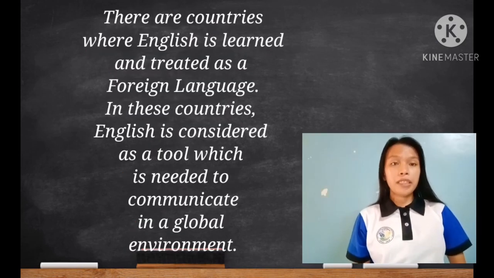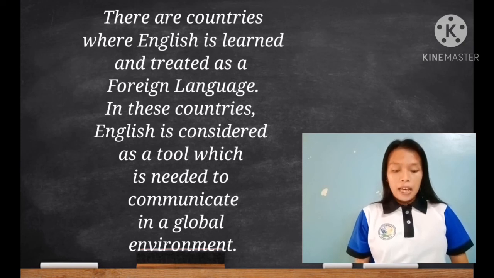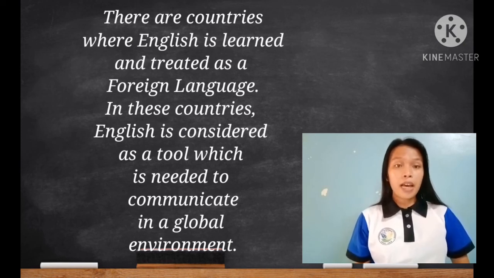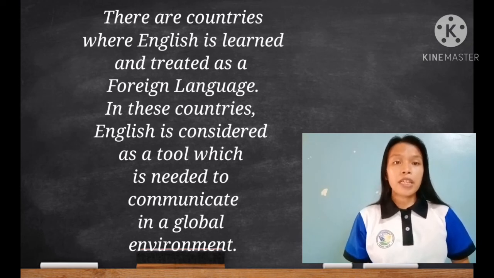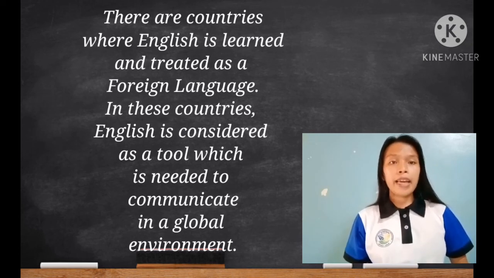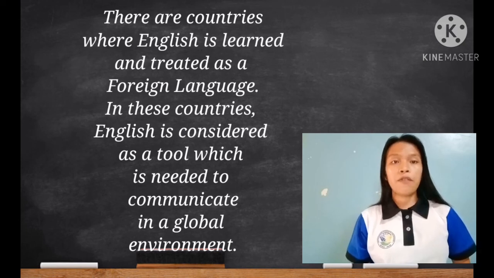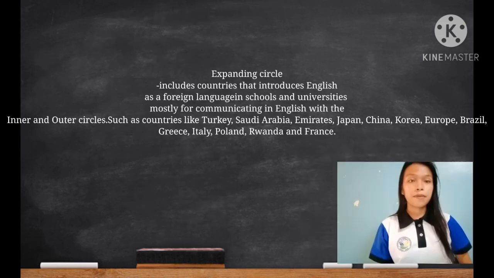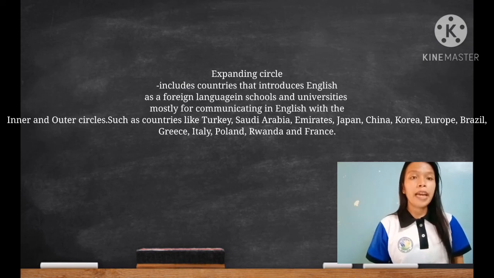There are countries where English is learned and treated as a foreign language. In these countries, English is considered as a tool needed to communicate in a global environment. The expanding circle includes countries that introduce English as a foreign language in schools and universities, mostly for communicating in English with the inner and outer circles.